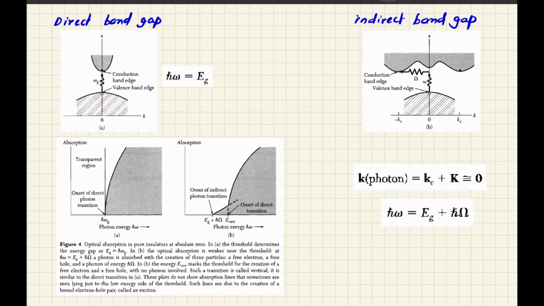This process takes place at the same value of k, because it takes the electron to the conduction band edge with no significant change in the wave number k. Such materials are called direct band gap materials, and this process is also called the direct absorption process. So the energy given is h cross omega.